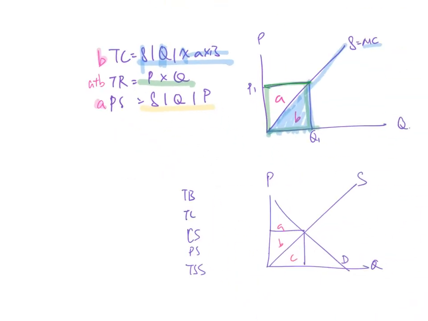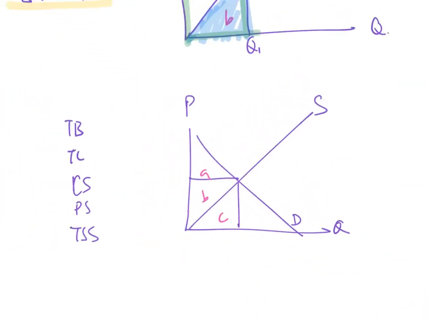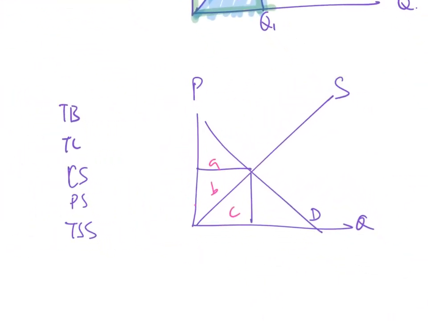Then the last one, we just sum them up. Okay, here, where is the TB? According to what we learned, TB is always under the demand curve, up to Q and the x-axis. So TB is equal to A plus B plus C. And according to what we learned about TC, TC is under the supply curve, up to the quantity and the x-axis.